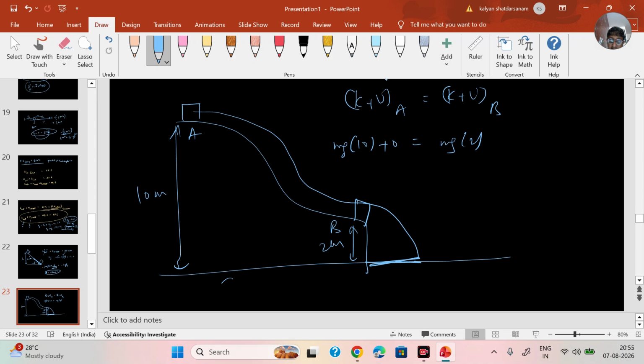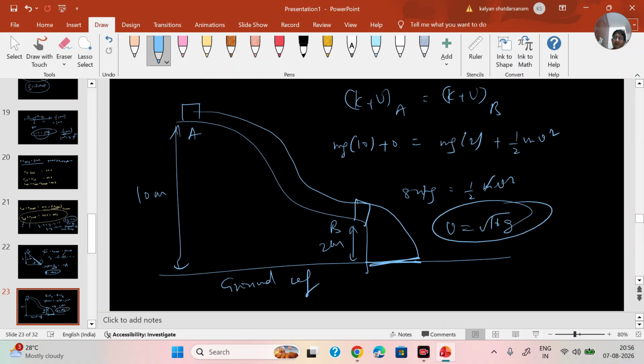I am taking ground as reference for potential. Okay. You could have taken point B as reference and done it. That's also okay. Plus kinetic at B is half mv squared. So mg10 minus mg2 is 8mg, which equals half mv squared. So we got v as root 16g, like the previous method, and from there you can use projectile motion and solve the problem. So here we are using mechanical energy conservation.